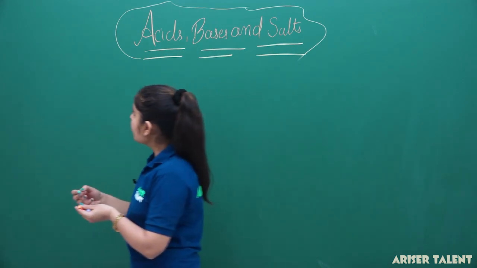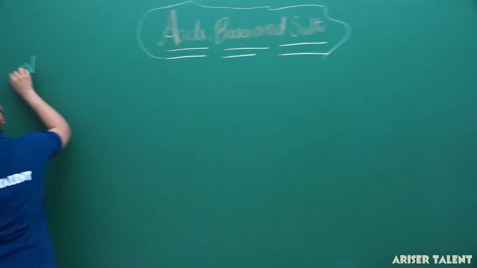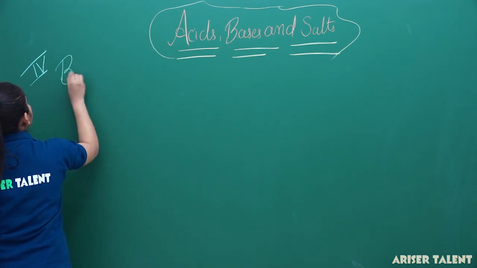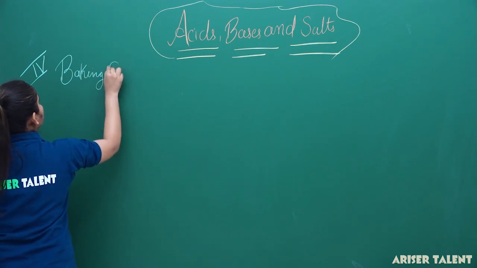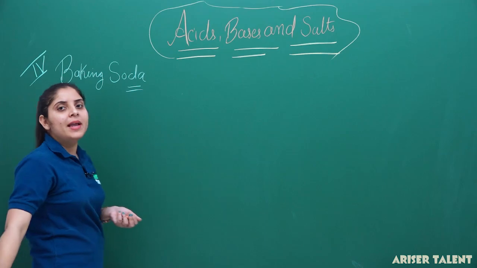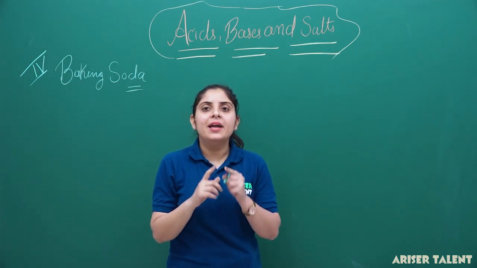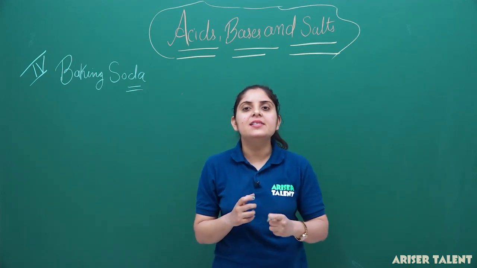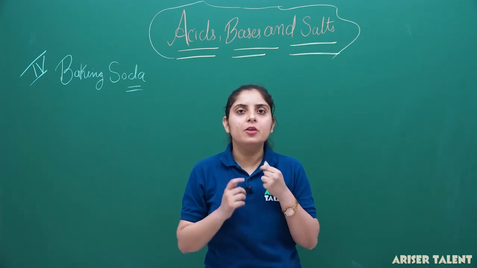So we are on our fourth category, that is baking soda. Now, like the other commercial salts, firstly we will write its common name, then its chemical name, and then its chemical formula, properties, process of formation and uses.